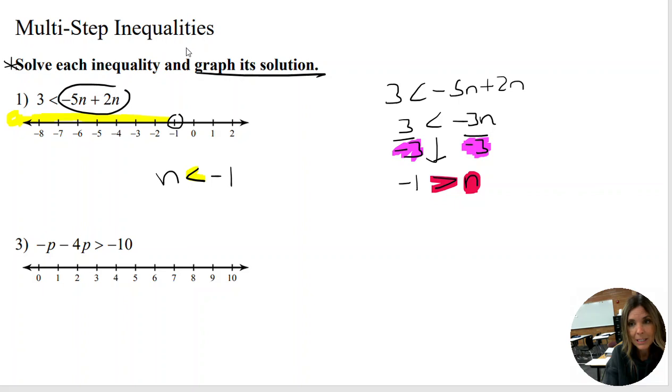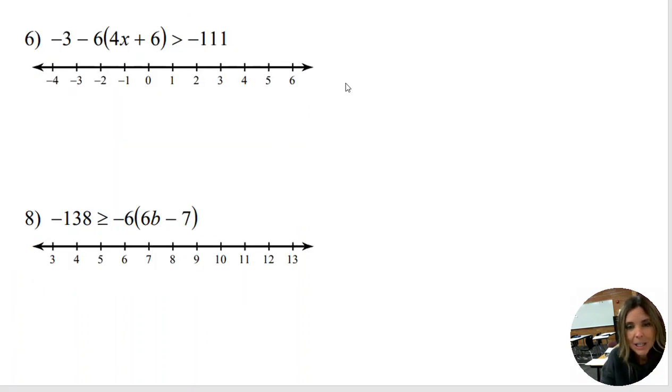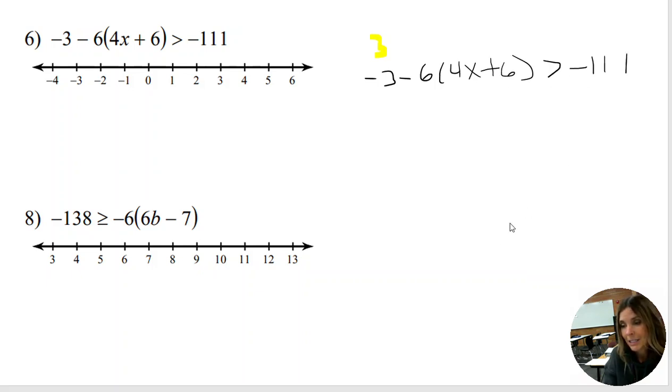Okay, let's go ahead and try another one. Okay, so next one, very first step is we want to take our inequality. I'm just going to rewrite it over here so that I have some space. And we want to follow the steps for solving an inequality. So first step, simplify the left side. Next to my parenthesis, notice I have a -6.